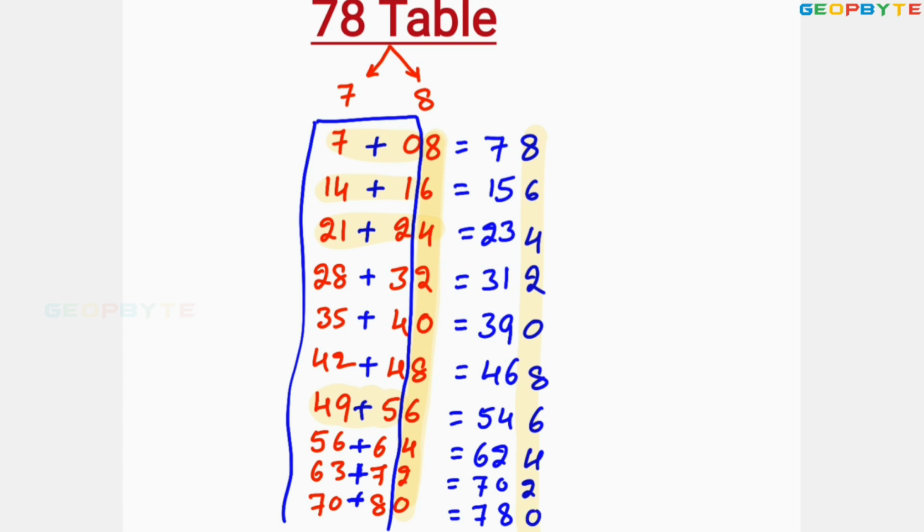You got 78 table. I hope you clearly got it. Let us take another table. 98 table. For this, let us write the 9 table and 8 table separately.